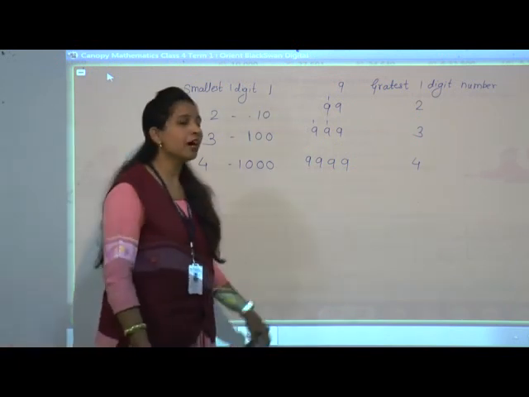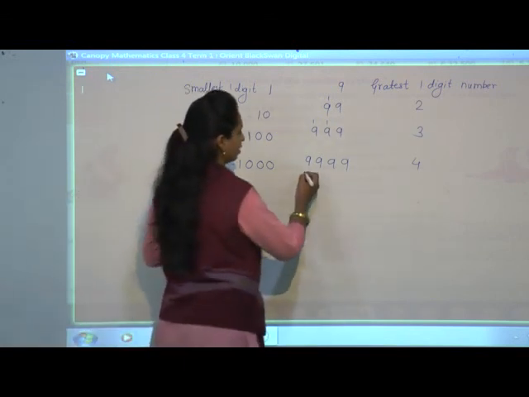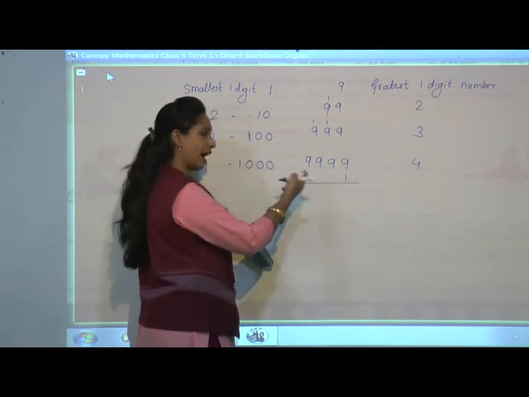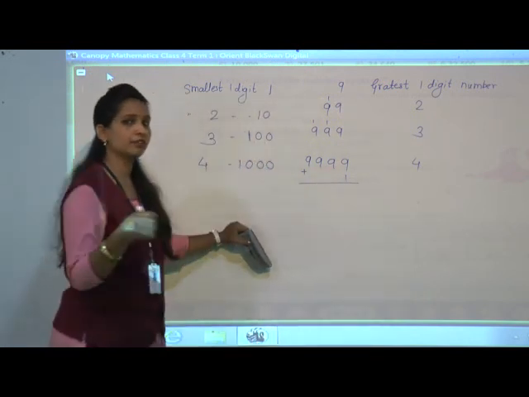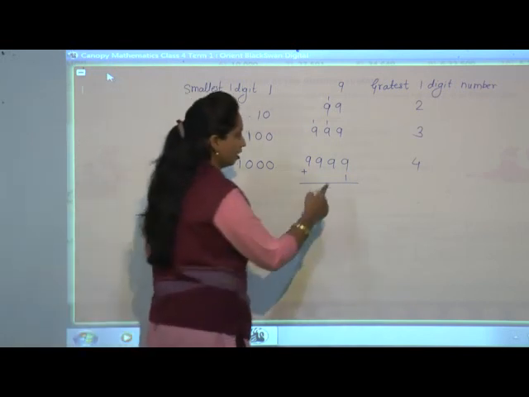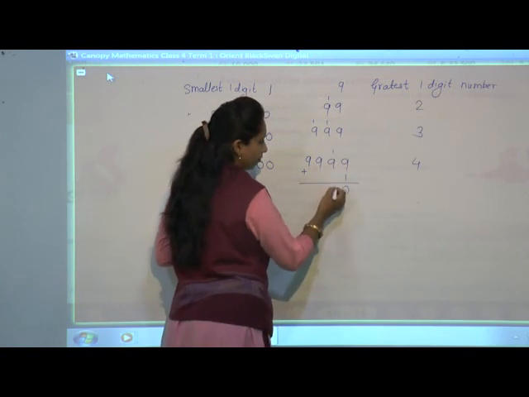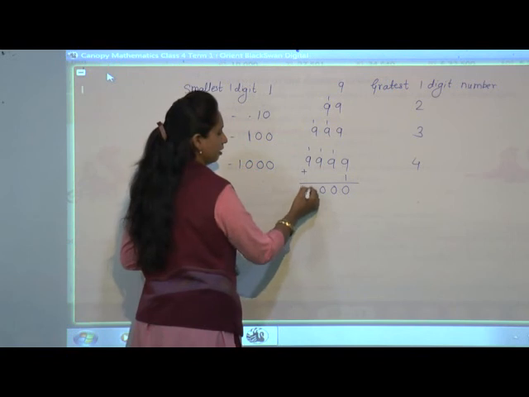So what will come after 9999? When we want to find the next number, we can do it by adding 1. When we add 1 to any number, we get the next number. So 9 plus 1 is 10, again 9 plus 1 10, again 9 plus 1 10, again 9 plus 1 10.